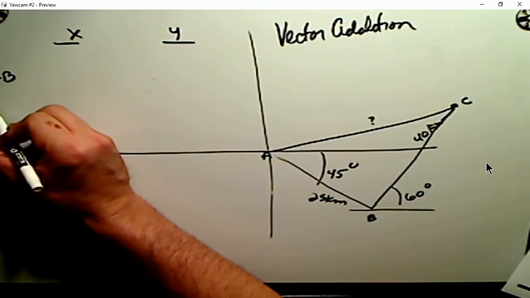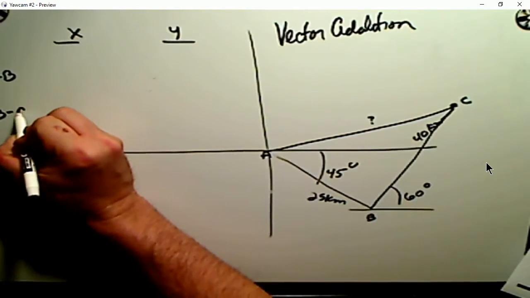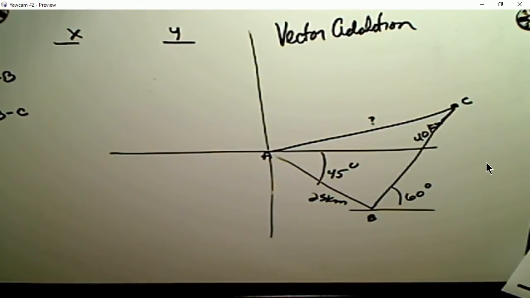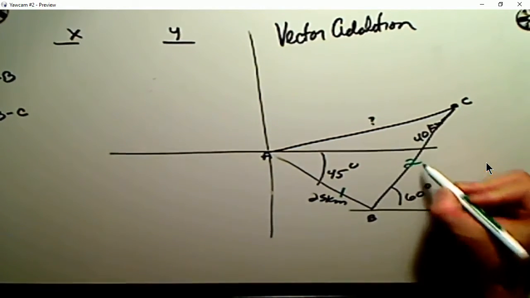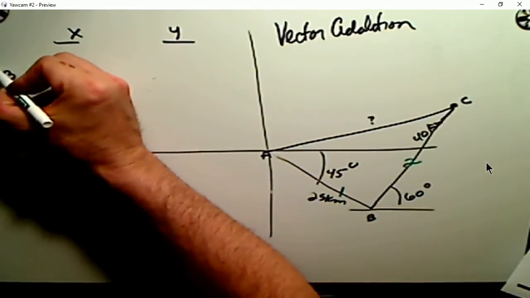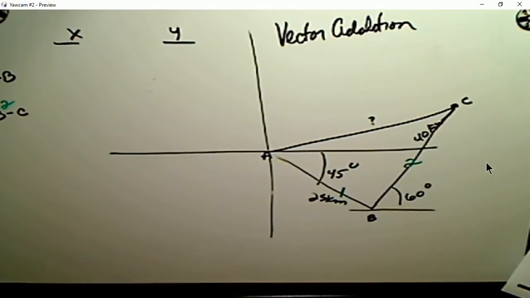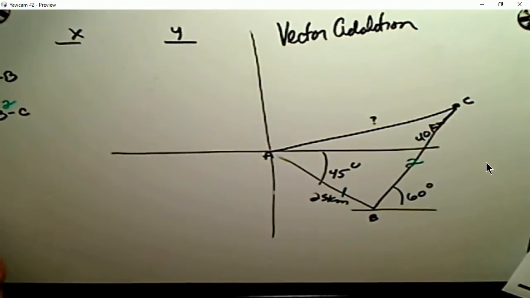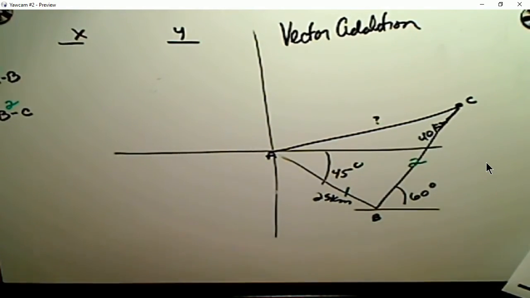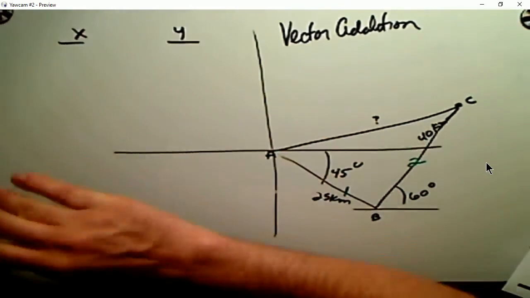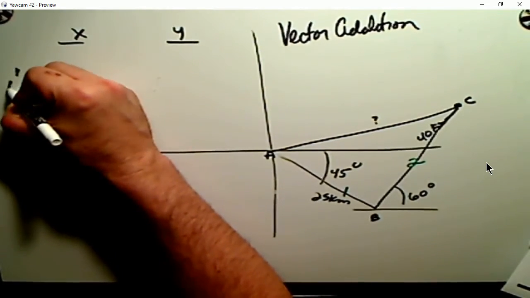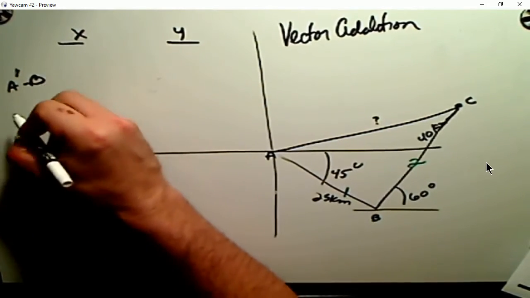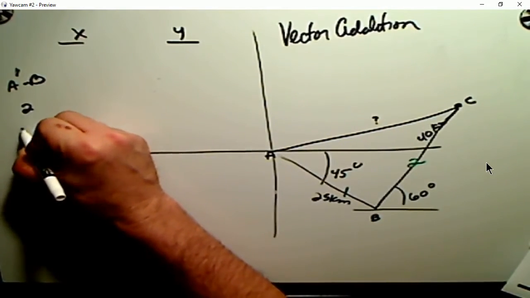Then we have another vector from B to C. Now I could actually label those vectors as vector 1 and vector 2. A little bit hard to see on the board, so let me redraw that again. Vector 1 is from A to B, and vector 2 is from B to C.